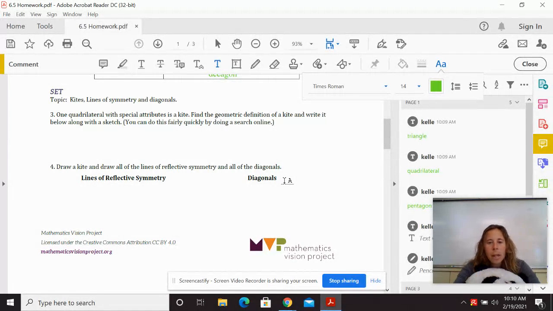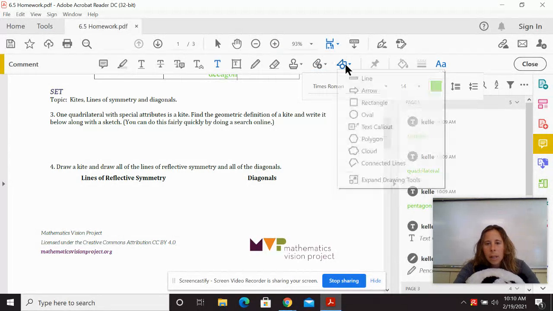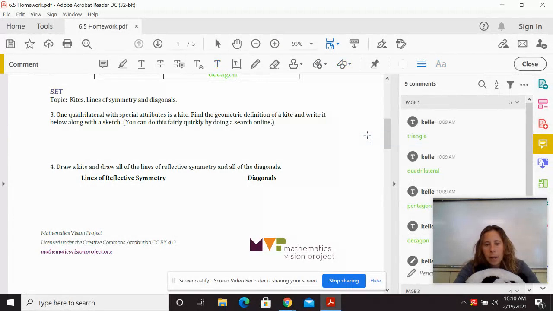So remember, diagonals, let me just grab a polygon here. We did examples of these in our notes. Let's just do a parallelogram.